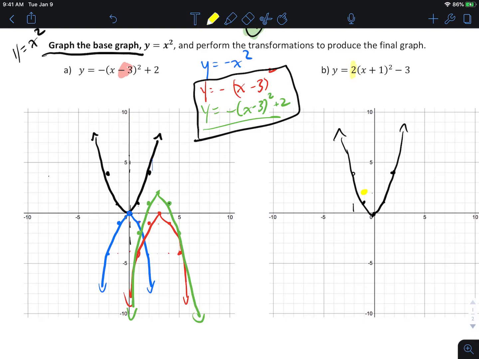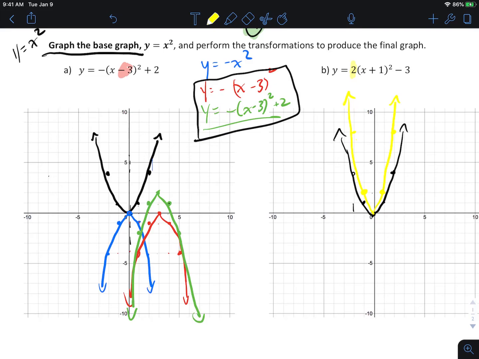So I'm going to draw it there, there, and instead of going to 4, it's going to go to 8. Right. Okay, that's it, vertically stretched, and we talked about pulling on the top of the graph and how it made it skinnier, right? So it's a vertical stretch.